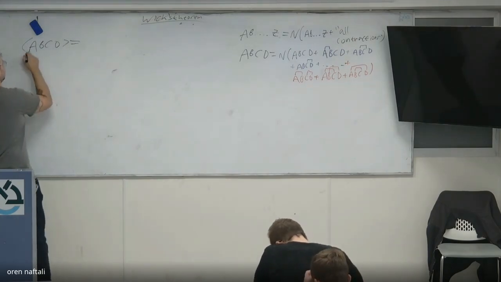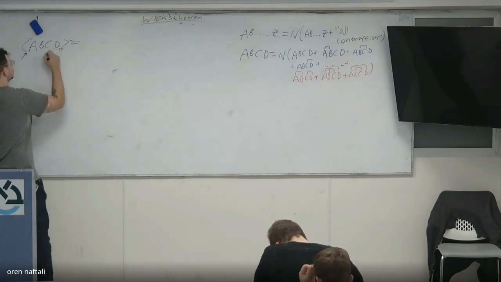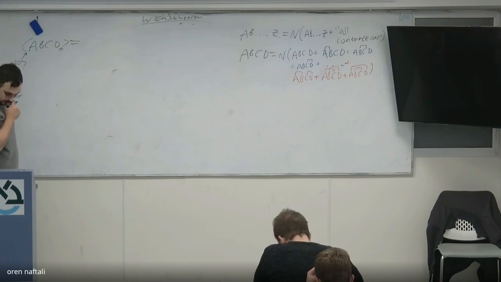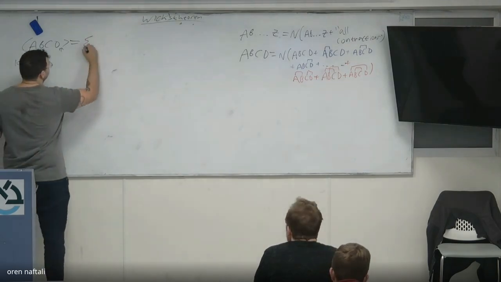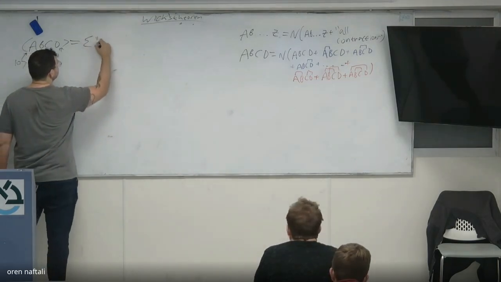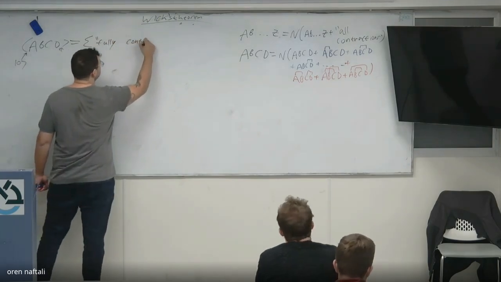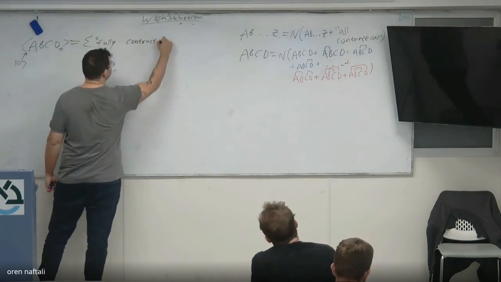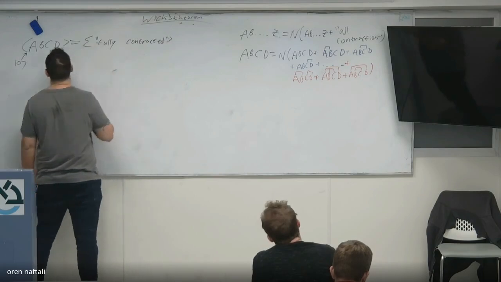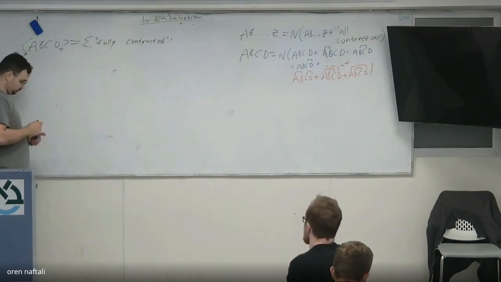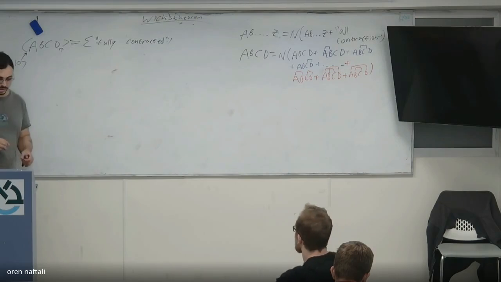Well, the expectation value around the vacuum state, the vacuum basis, will be equal to the sum over fully contracted terms. Why is that?